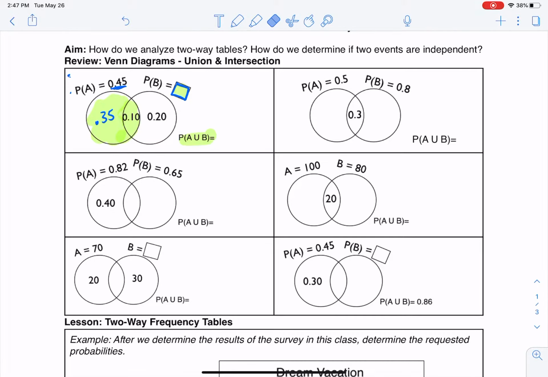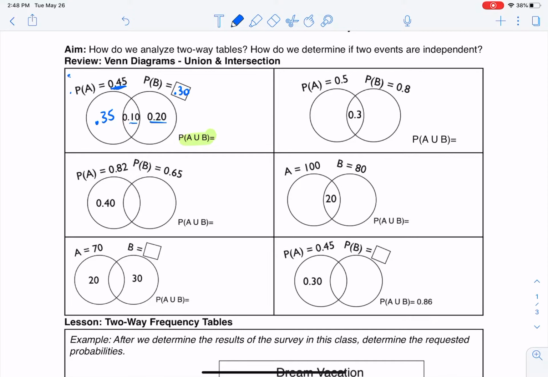Because 0.35 and 0.10 add up to 0.45. Now, probability of B, well, this is 0.10, this is 0.20, or 1/10 and 2/10, so altogether that is 3/10 or 0.30. In fact, maybe we should show it like that.